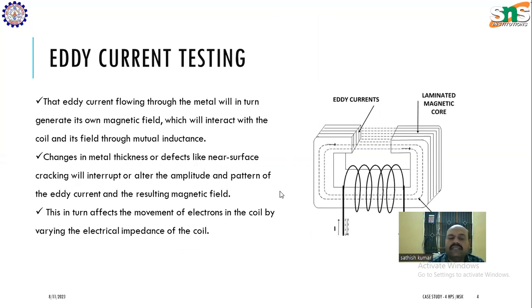Changes in the metal thickness and defects like near surface cracking will alter the amplitude and pattern of the eddy current and the resulting magnetic field. This in turn affects the movement of electrons in the coil by varying the electrical impedance of the coil.